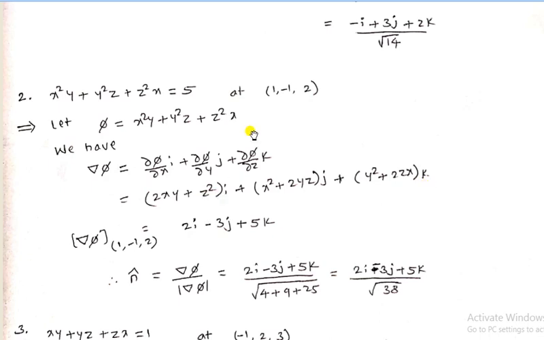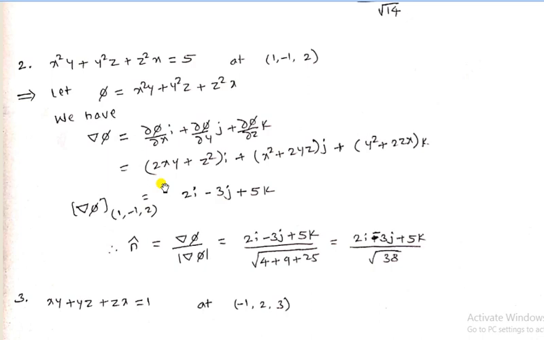So now we substitute the values of x, y, z as 1, minus 1, 2 in the del phi equation. So put x is 1, y is minus 1, z is 2. So you will get 2i minus 3j plus 5k. Then the unit normal vector n cap is equal to del phi divided by mod of del phi.